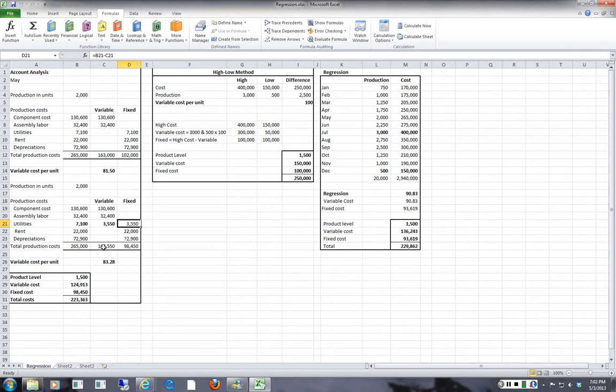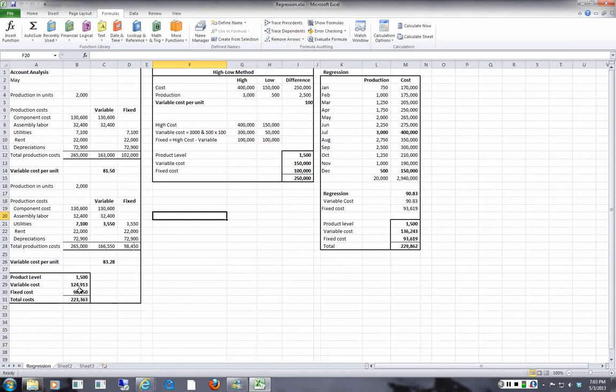So now the total variable cost is $166,550, and $98,450 is fixed. So now we divide that variable cost of $166,550 by the 2,000, and we get a little higher, $83.28 of variable cost.